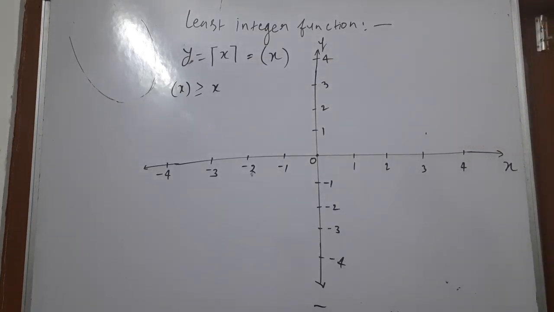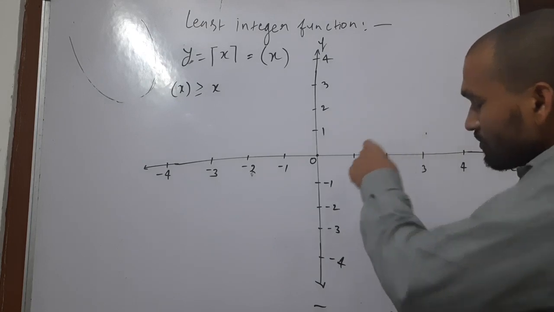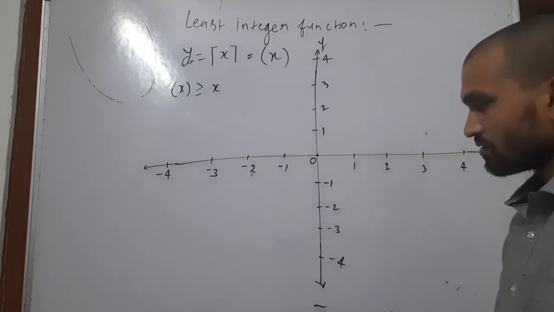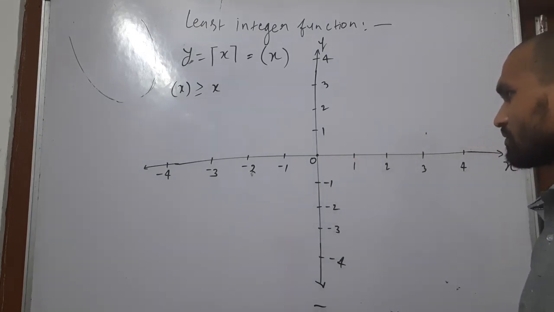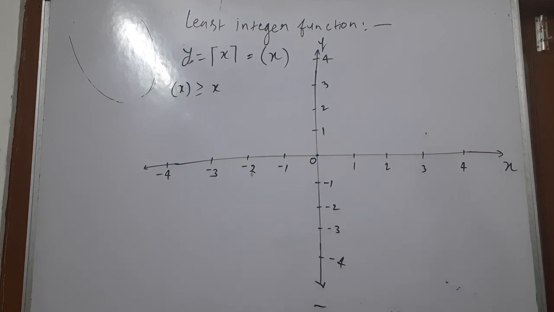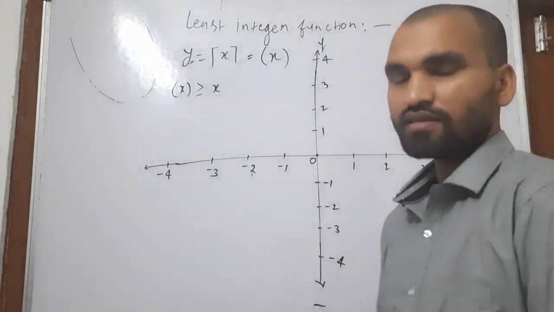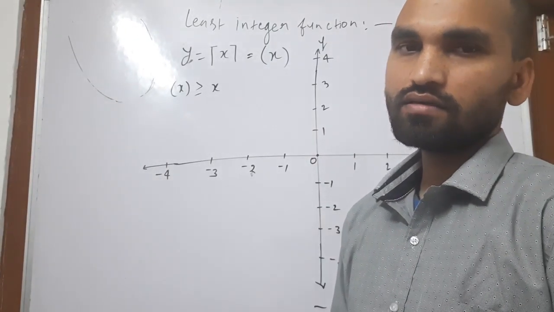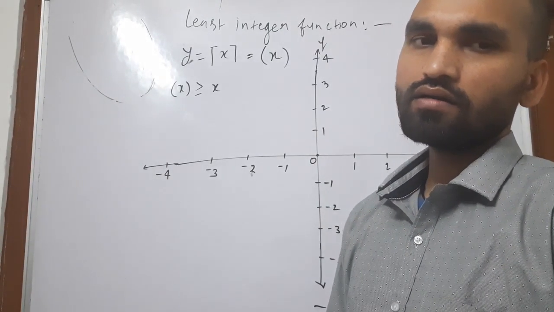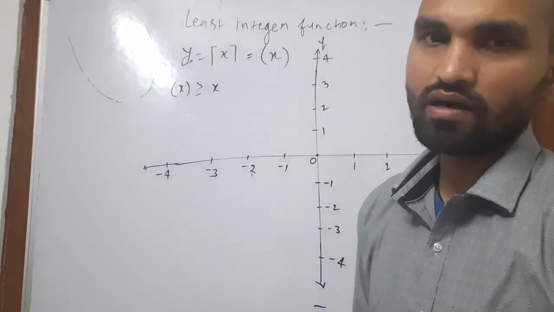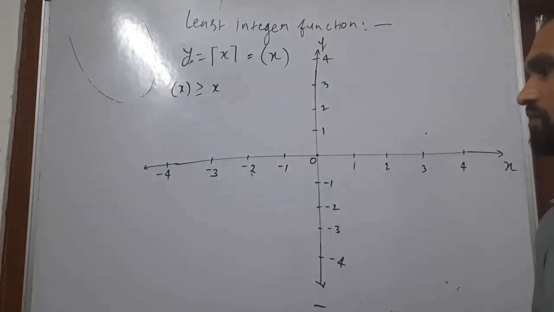Okay students, now we should discuss the interval 0 and 1. As we know, the least integer function takes the right side value of any particular interval.